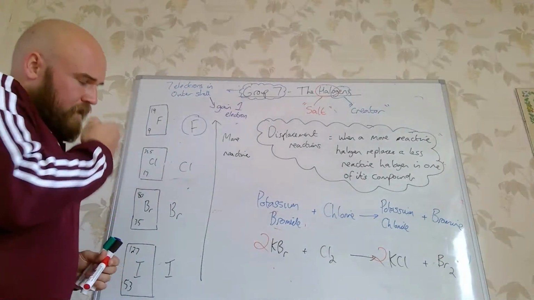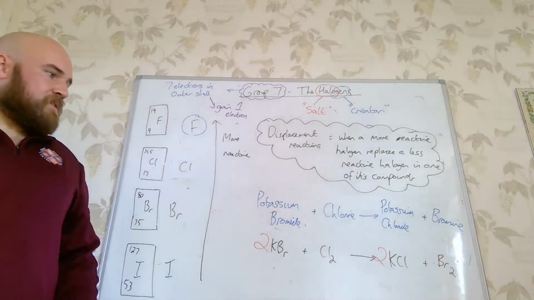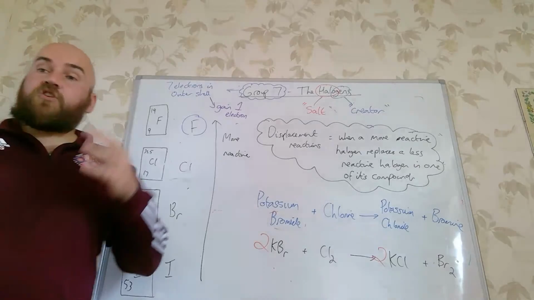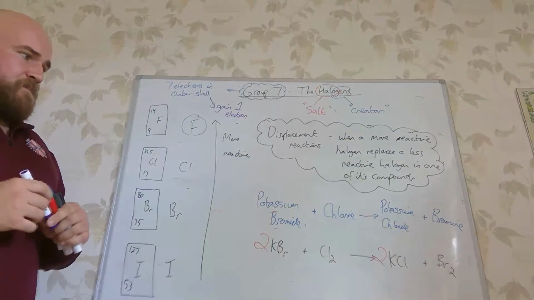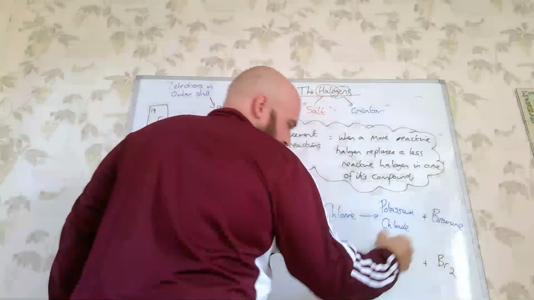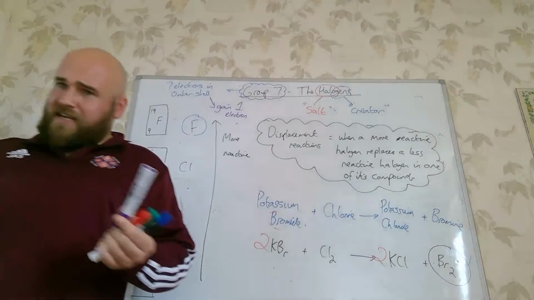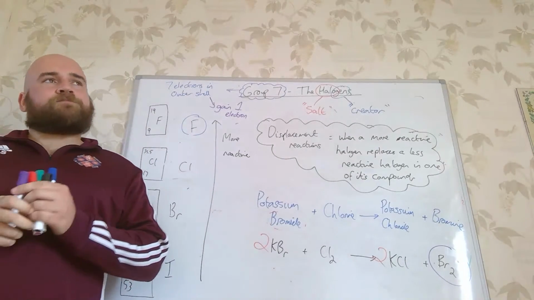And you might get asked as well, when you get to A level, more likely, but they could get asked this question on the higher tier at GCSE as well. What would you observe in this reaction? Well, what am I actually forming? I'm actually making these things here. I'm going to circle one of them, bromine. Bromine has been produced. So what would I see being formed?